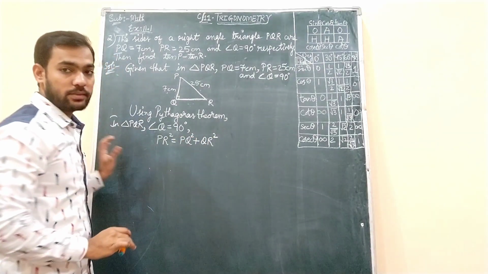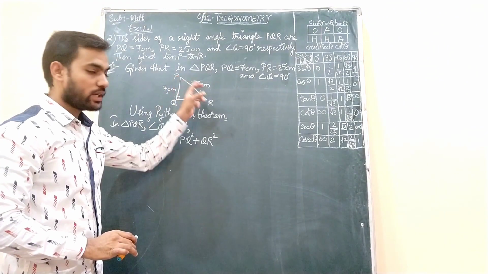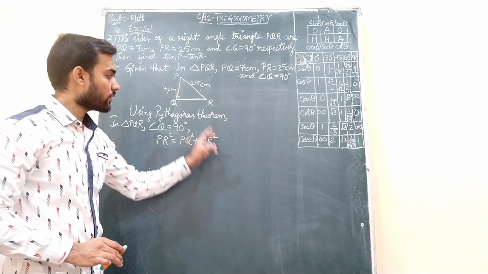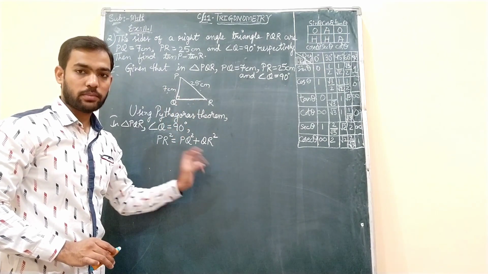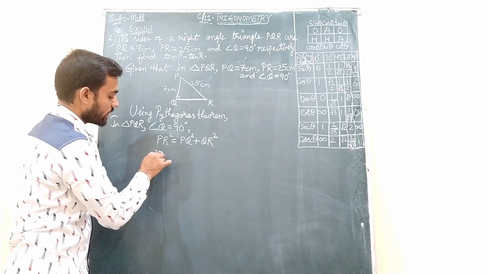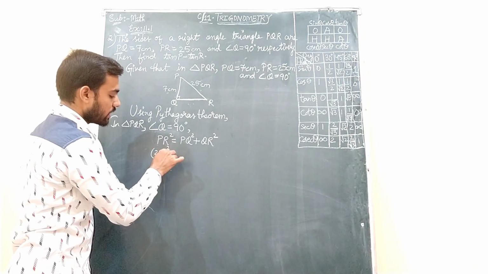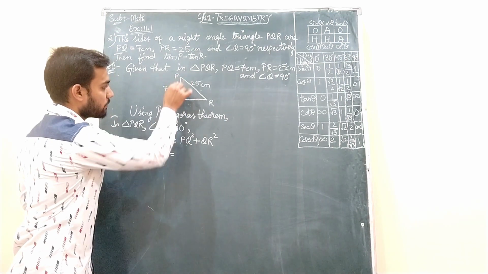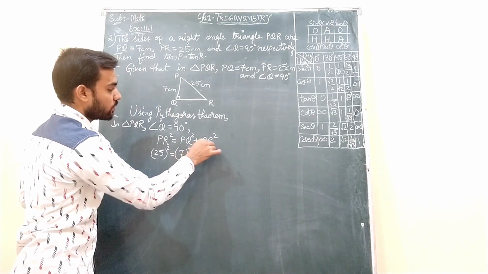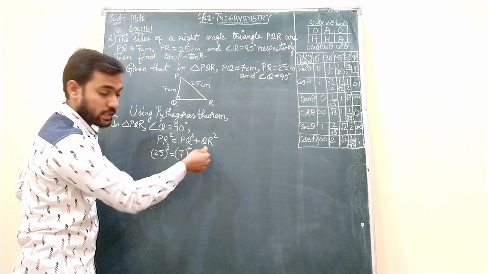This is the Pythagoras theorem statement. Now PR is how much? Already we have PR is 25, whole square equals PQ, PQ is 7, whole square. QR we are finding over here because it is missing.